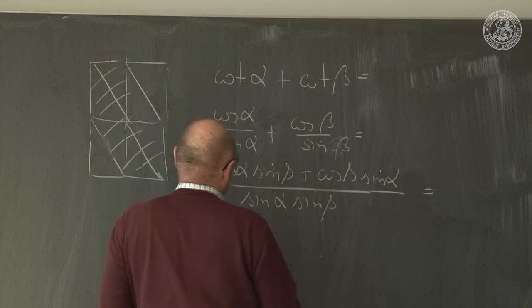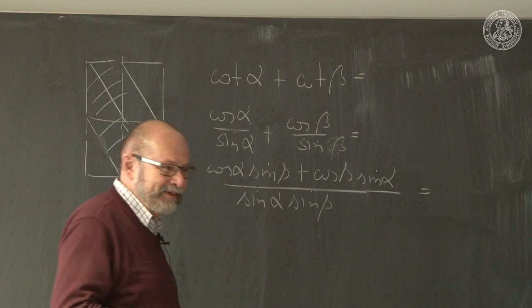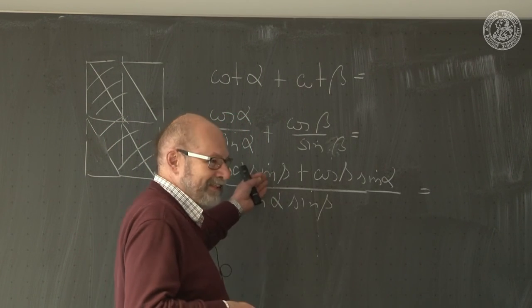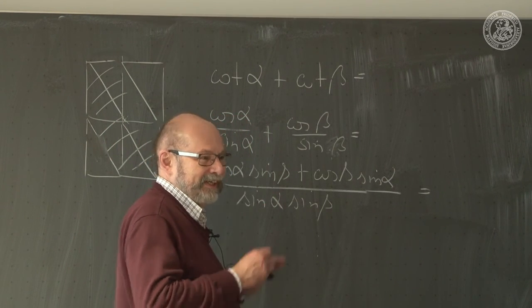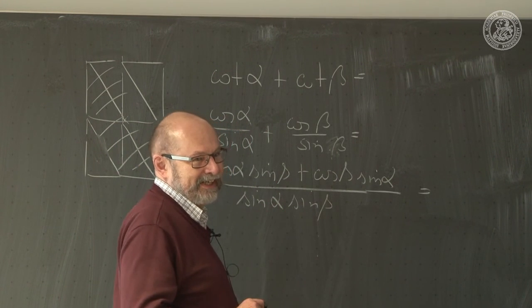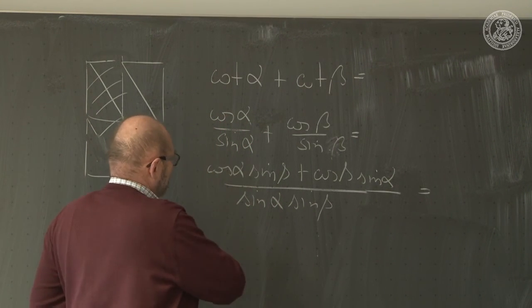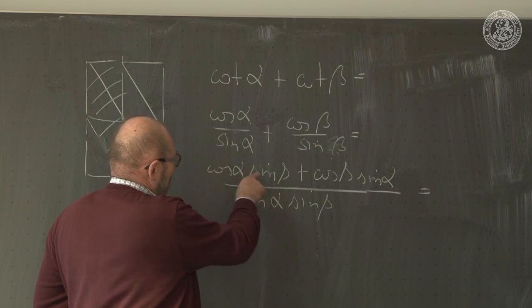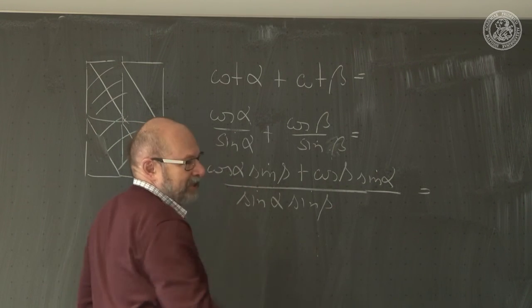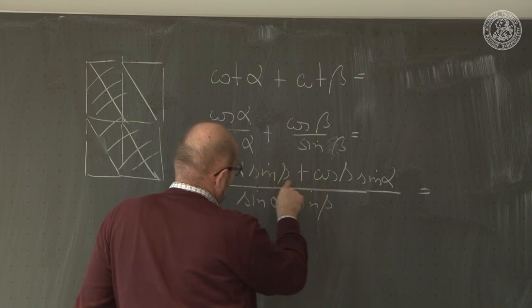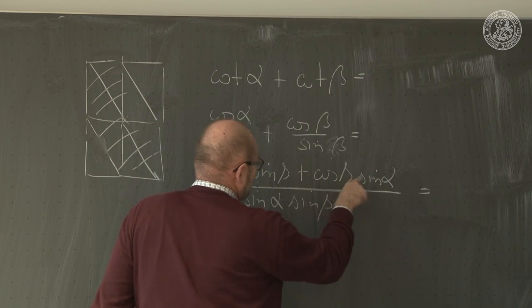The cosine is the real part and the sine is the imaginary part of e to the i x. And how do we get the imaginary part? Real times imaginary plus imaginary times real.